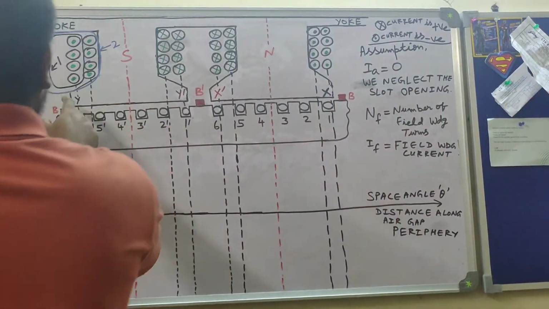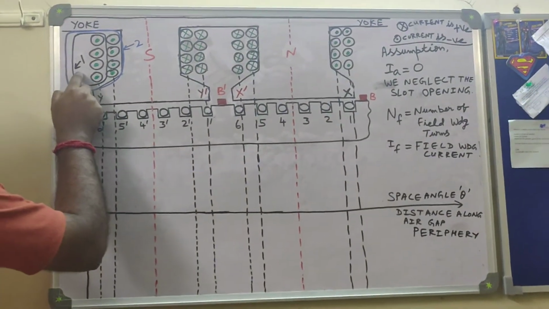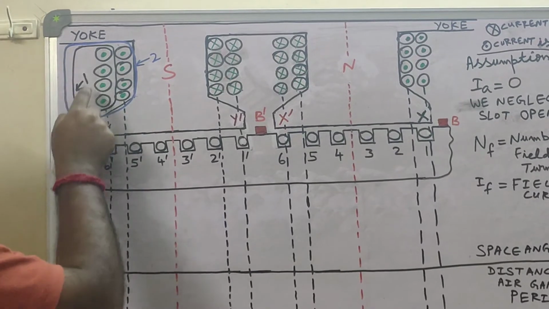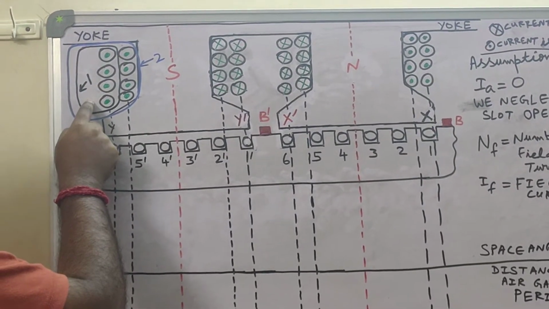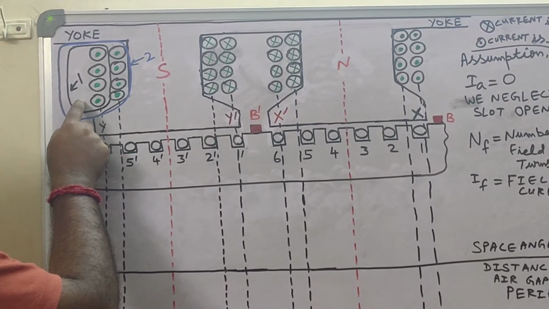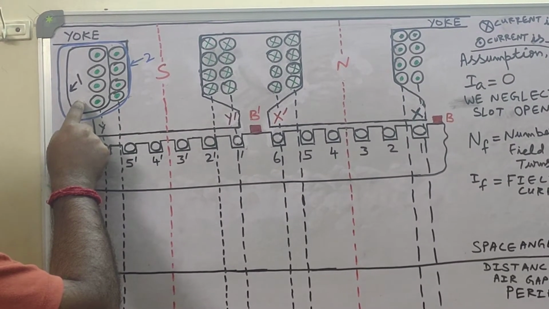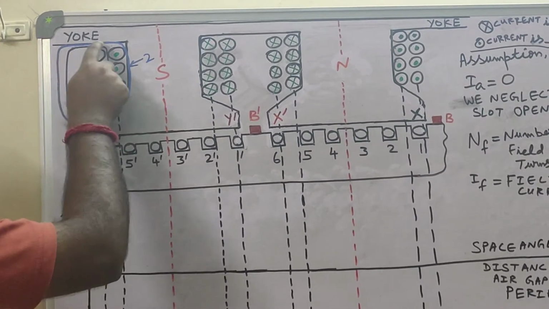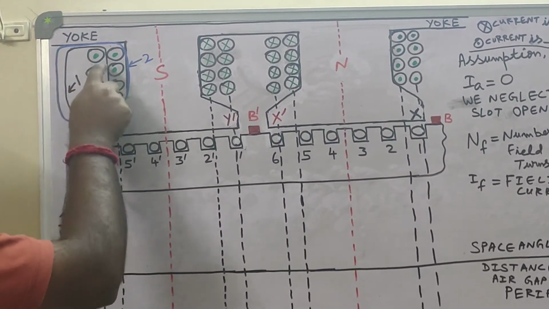So, please look at path number 1, NF by 2 is the number of conductors. And what is the field current? IF. So, how much current is enclosed? Number of conductors, that is NF by 2, multiplied by current carried by each conductor, which is IF. So NF IF by 2 is the current enclosed by path number 1.